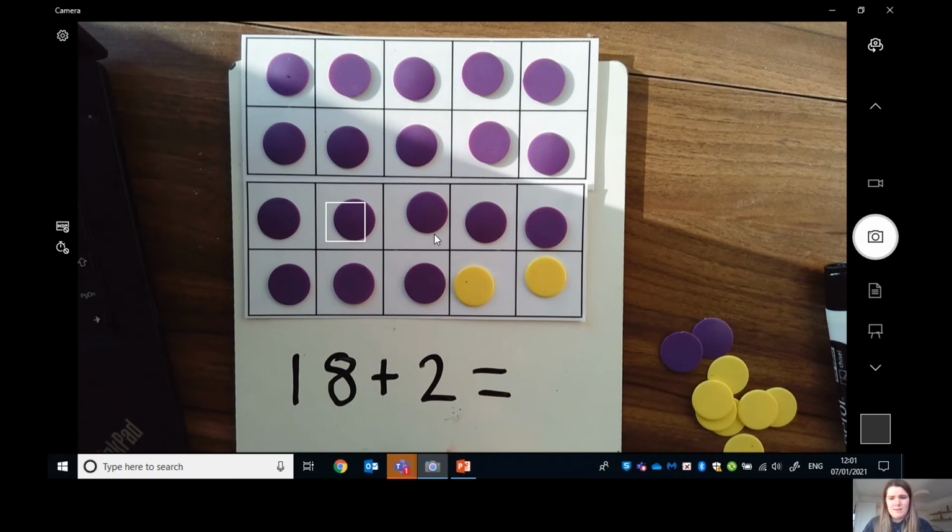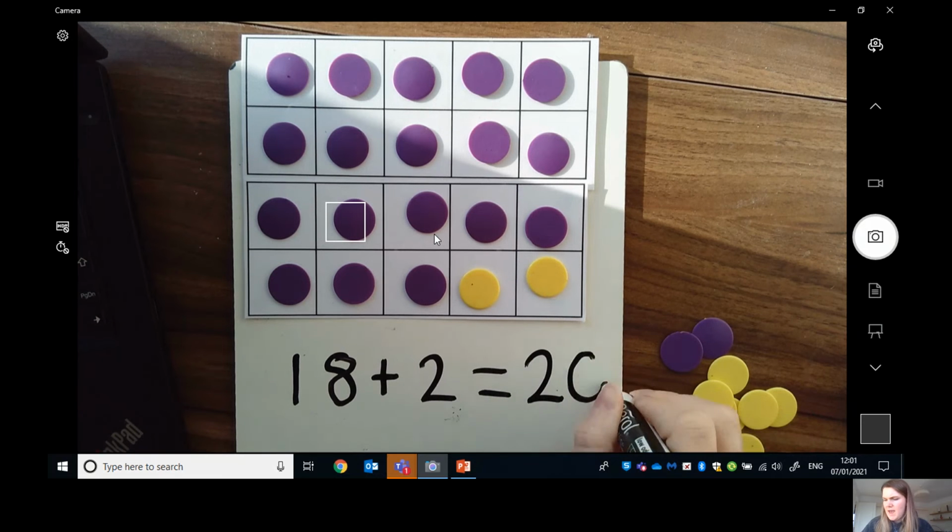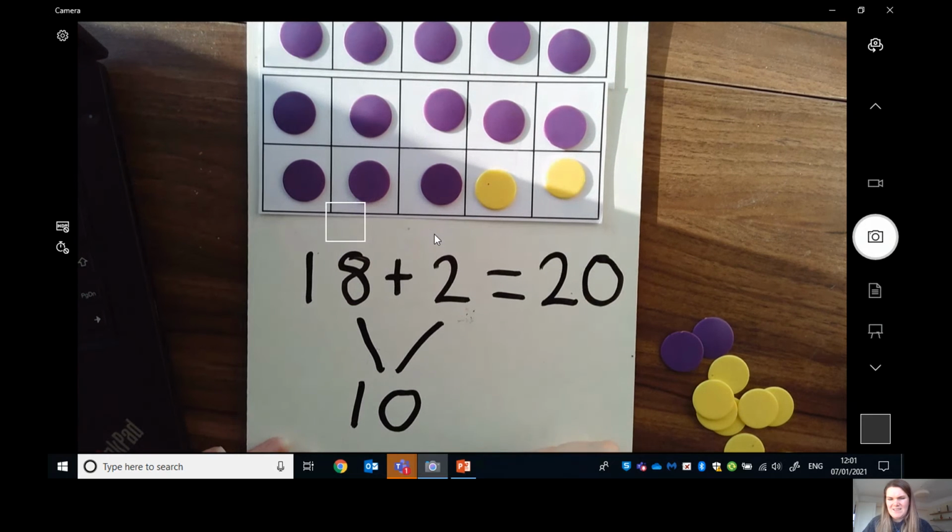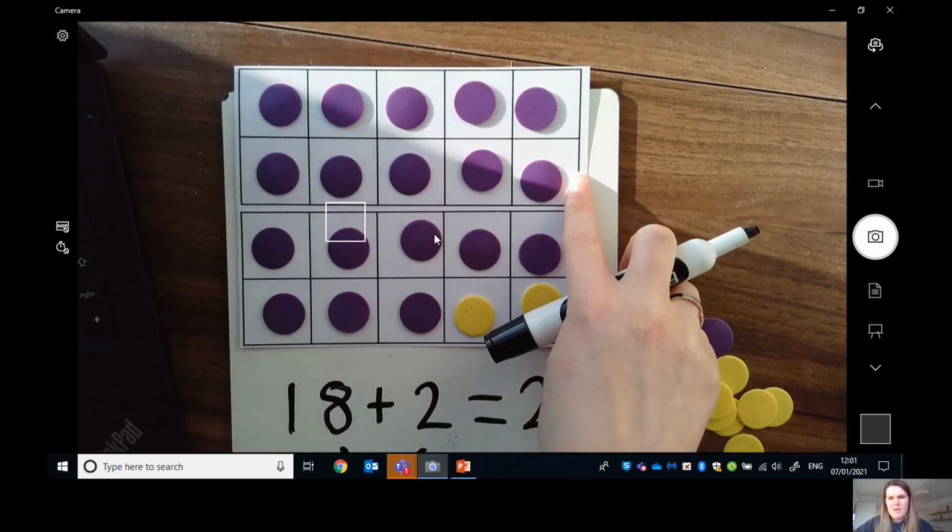I can count on from 18 to tell me how many I've got. 18, 19, 20. 18 plus 2 is 20. And we knew that because we know that 8 plus 2 is 10. And we're just adding an extra 10 from up here.